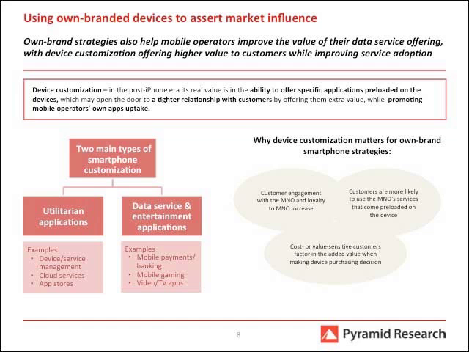They do that on the application level, as you can see on the left side, via preloading what we call utilitarian applications, related to device and service management, cloud services, app stores, etc. And then data service and entertainment applications such as mobile gaming, video, TV apps, mobile payment and banking apps.